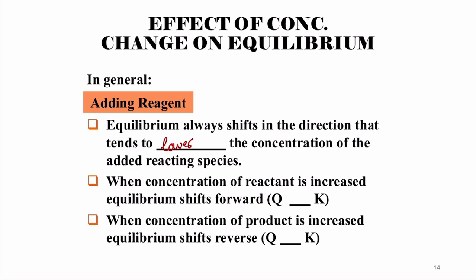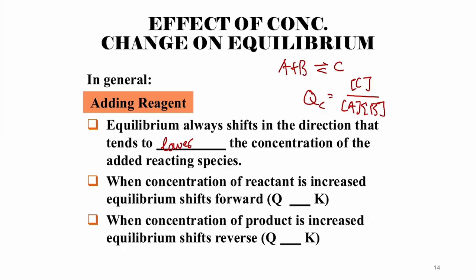So how should Q compare to K? If we think about our reaction quotient, it's products over reactants. So let's say we have A plus B goes to C. Our reaction quotient is equal to the concentration of C over A and B. All right, that's our reaction quotient.